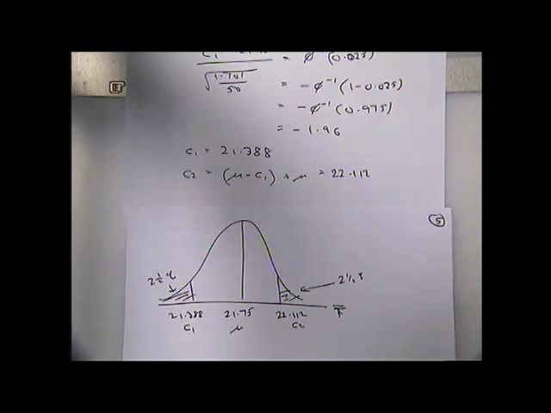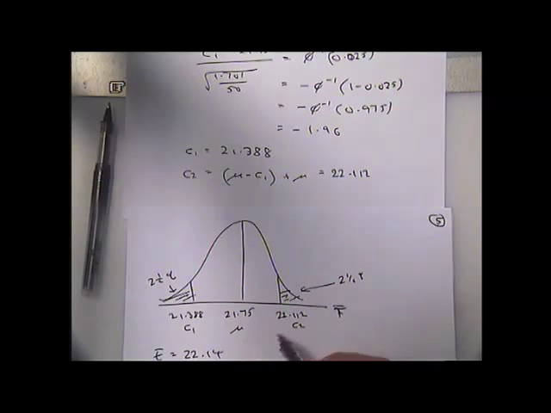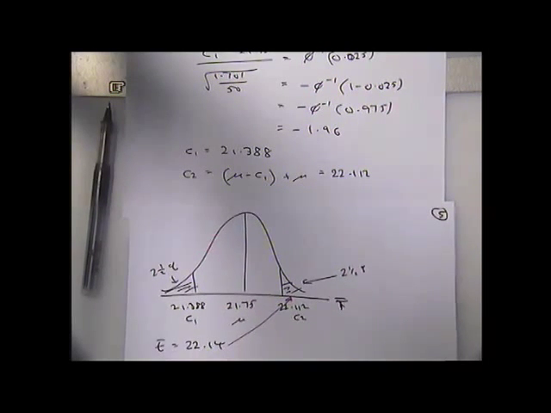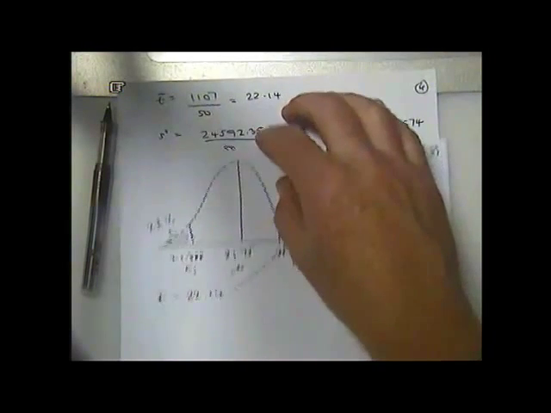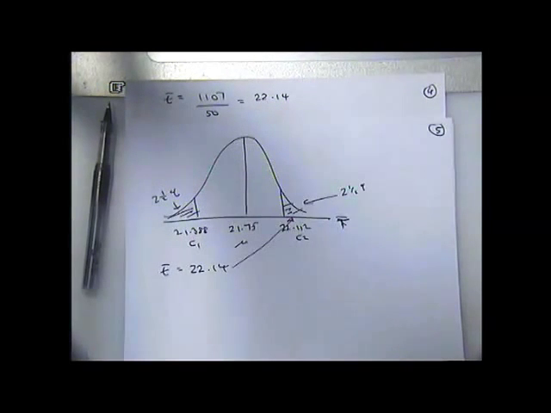I've just put the critical values in it. Our sample statistic, T bar, which we worked out a long time ago, T bar was 22.14. When did you work that out? We worked that out from T bar was the 1107 divided by 50. If you look at the board, that's the calculation we had from earlier for T bar.